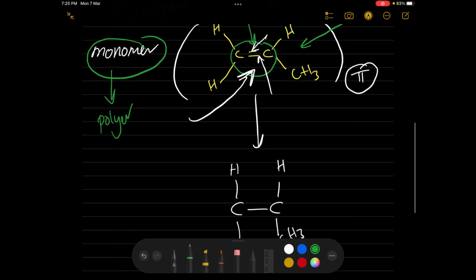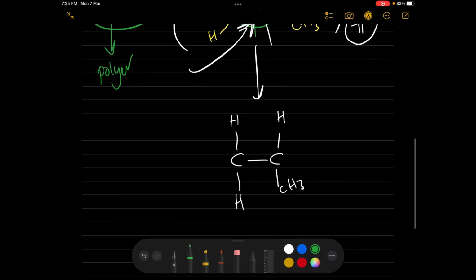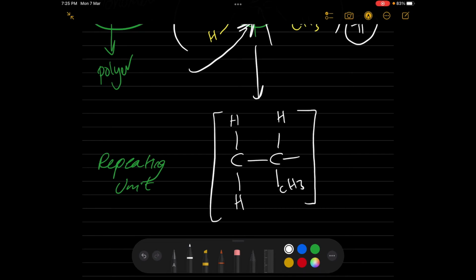Once you break the bond between the 2 carbons, you will have something called a repeating unit. Repeating unit. But in this case, you have to represent it in a square bracket like this, all right? And you have to show me the bonds. You notice that carbon makes 4 bonds. We have 4 bonds around each carbon.